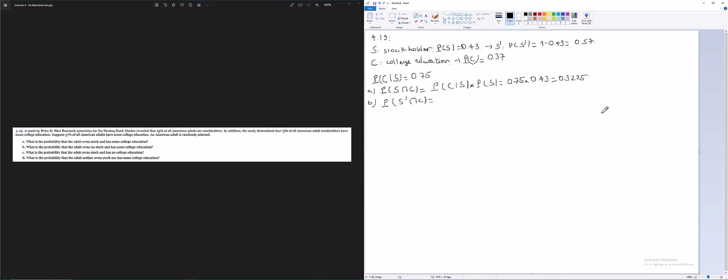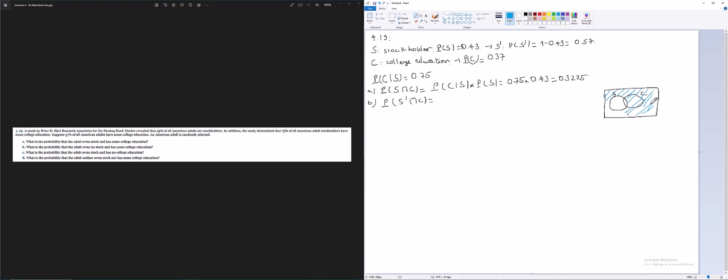and this is similar to the problem that we did in addition laws, right? So let's draw a Venn diagram again. First, we draw the circle for event S, and then we draw the circle for event C. The complement of S is everything outside S, so I'm going to color it blue here.